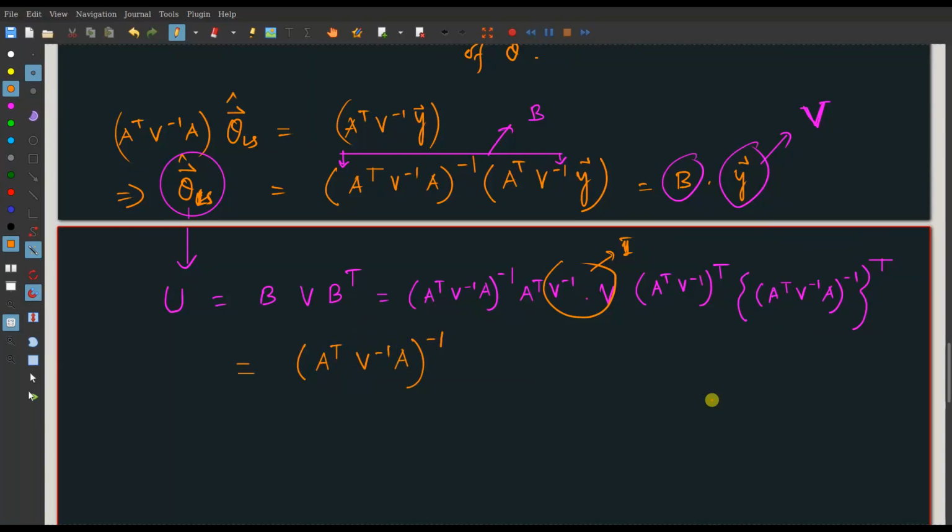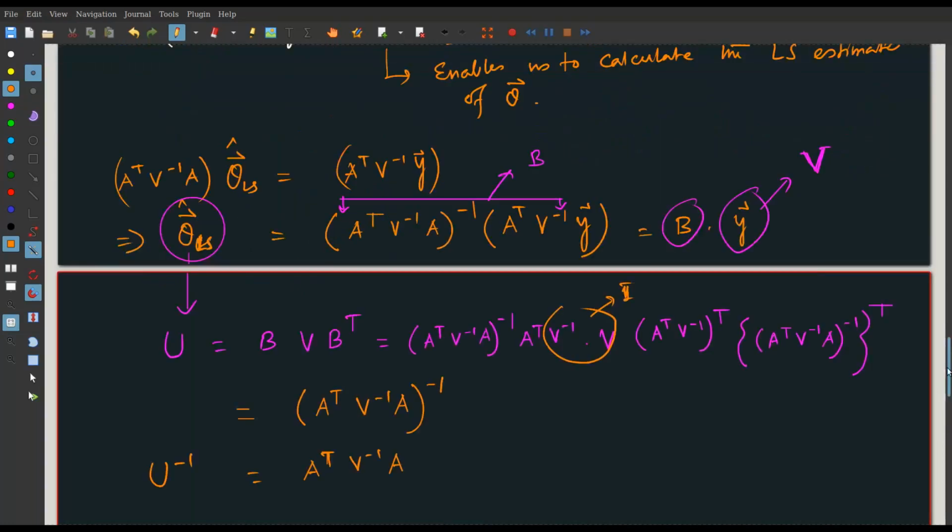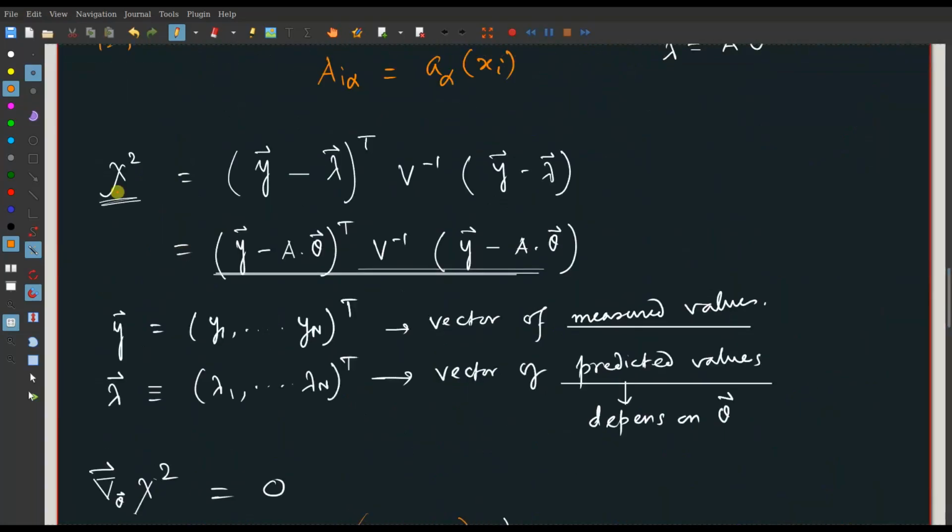Basically, if you now calculate the U inverse, then it is A transpose V inverse A, from here. If you notice carefully the way chi-square was defined earlier, chi-square is this, in terms of A. You see where A transpose V inverse A comes from.